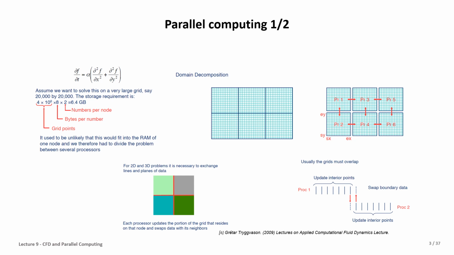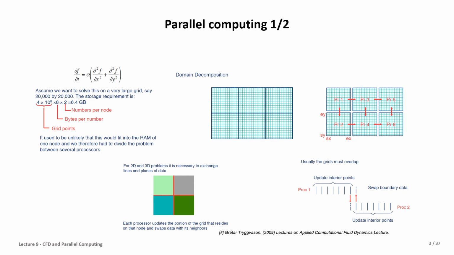For example, for these points on the subdomains of processor 1 and processor 2, it is required to swap the boundary data between these two subdomains and update the solution.